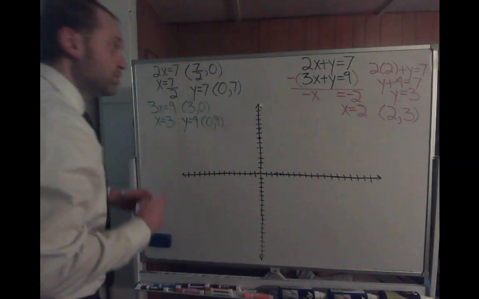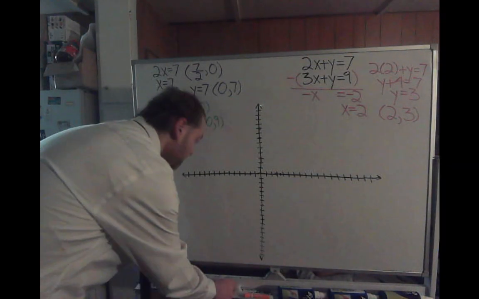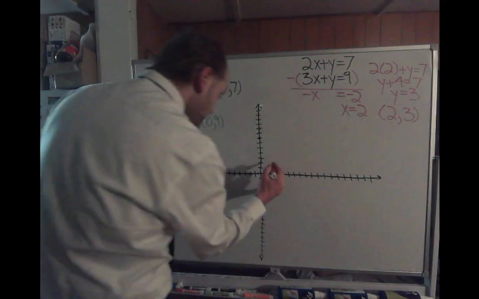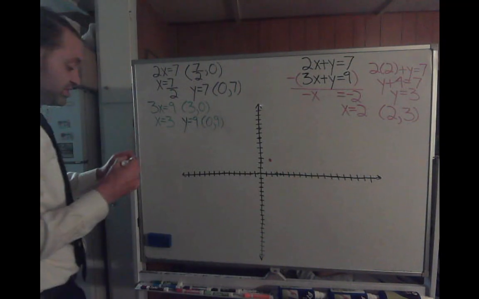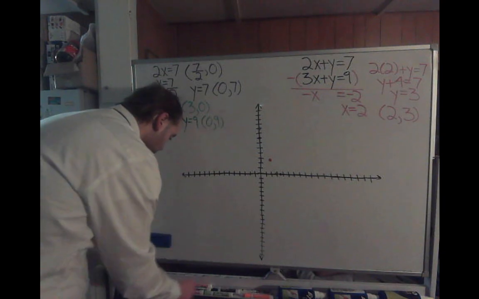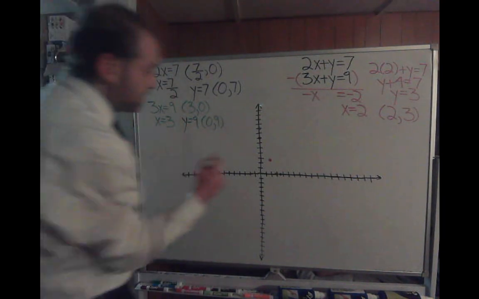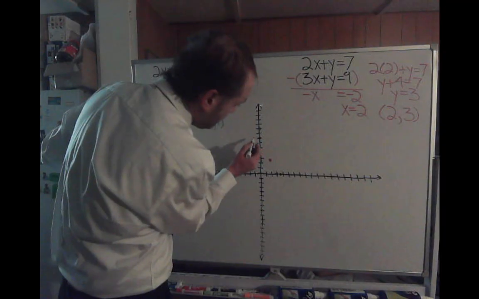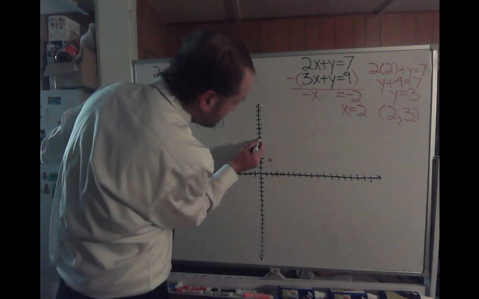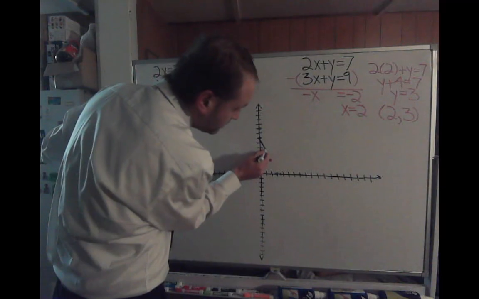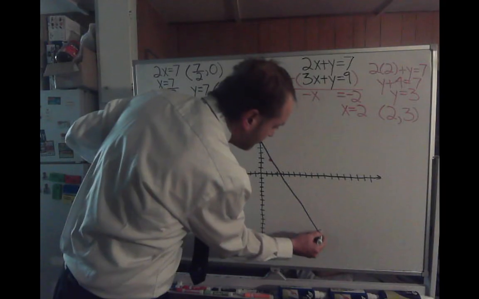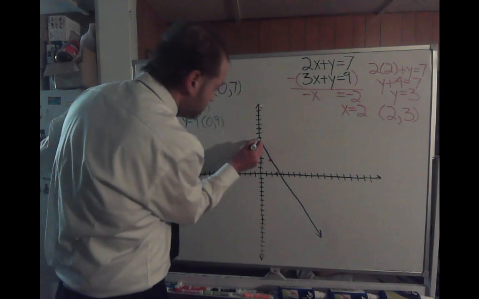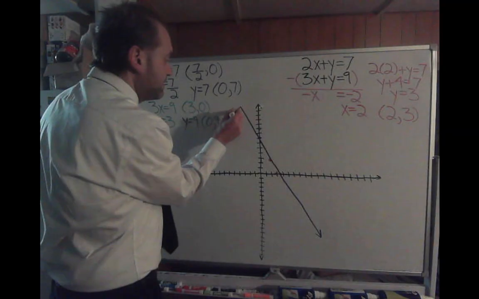And then you're going to plot the point of intersection, which I'll plot in red. That'll be at 2, 3, which will go right here. That's the point of intersection of these two lines. So now I'm going to go ahead and connect my two lines here. So there's going to be the first line.